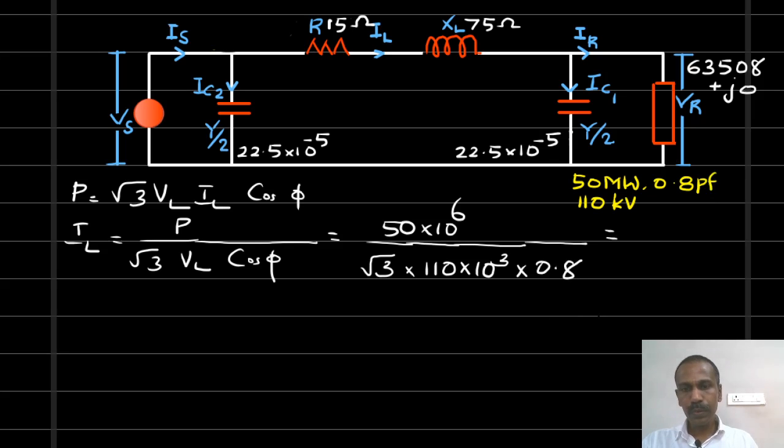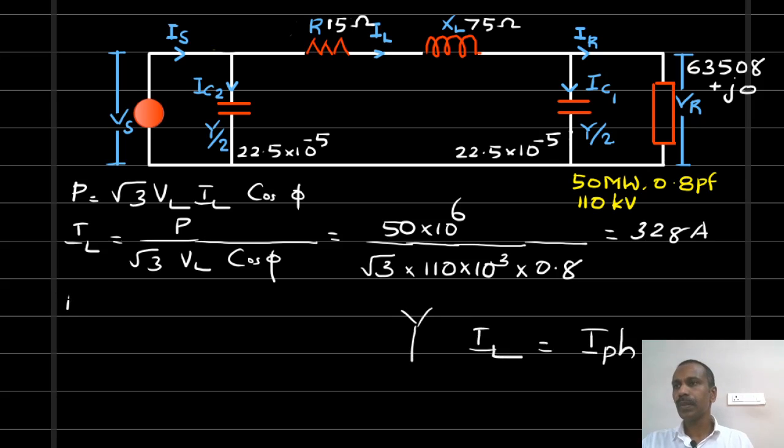So this is equal to 328 amperes. As you know, in the star connected system, the line current is same as phase current. So the receiving end phase current is equal to 328 amperes. It is same as the line current.